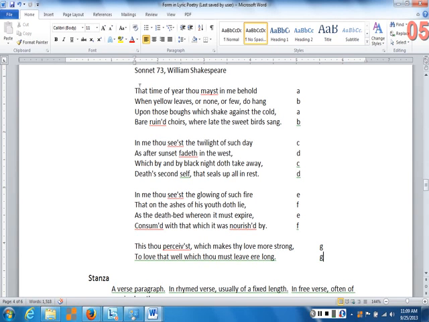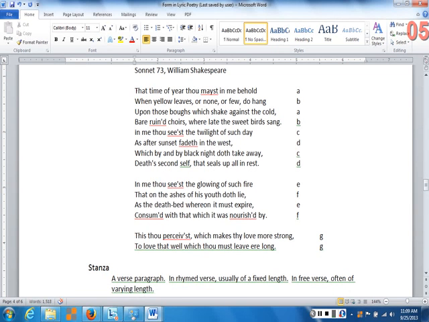Now, let me point out that very often a Shakespearean sonnet, and this will be true of other poems as well, will omit that break between the stanzas. Okay?